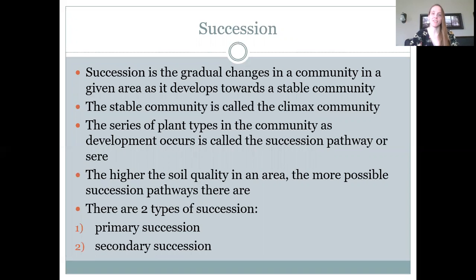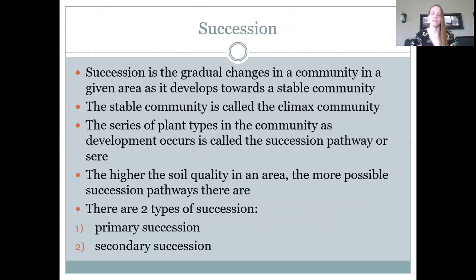So succession is a gradual change in the community in a given area as it develops towards being stable. Immediately following a disturbance, that population may have been stable, but it's not anymore. And it's going to be undergoing a lot of changes for tens, if not hundreds of years as it moves back towards a stable community.